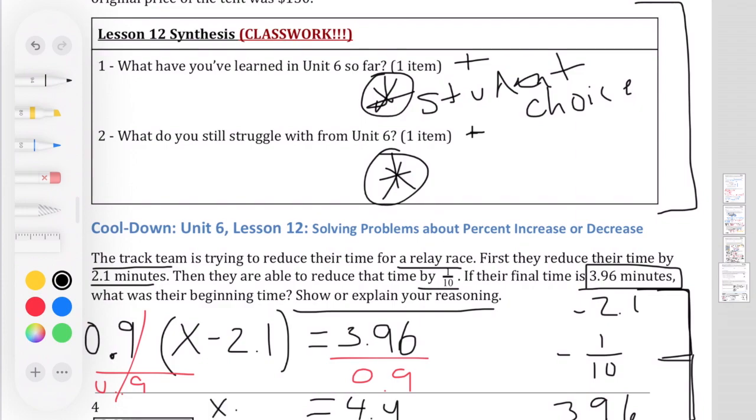So we have x minus 2.1 equals 4.44. Well, then you need to add 2.1 to both sides. And we find out that our original time for the team was x equals 6.5 minutes.